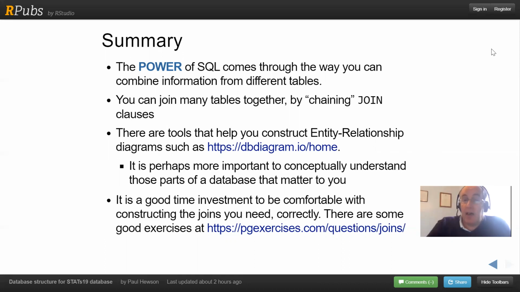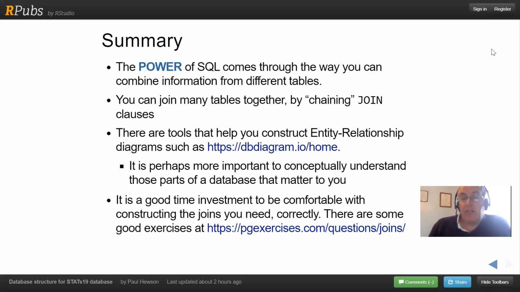I would suggest sometimes it's more important to conceptually understand those parts of a database that matter to you. And I would suggest it's a really good time investment to be comfortable with constructing these joins. The power of SQL comes from understanding as a concept what we're trying to do by the join, and then implementing it in code.